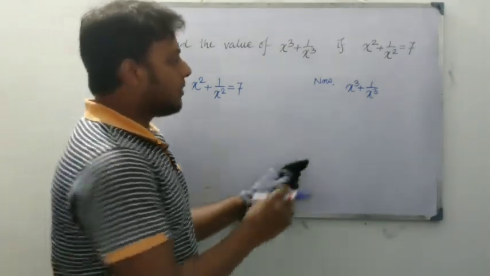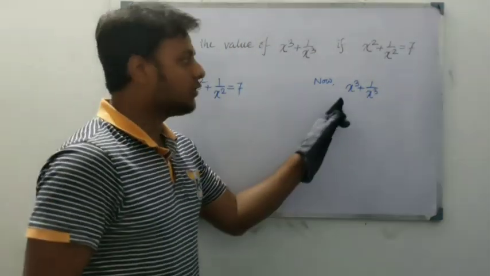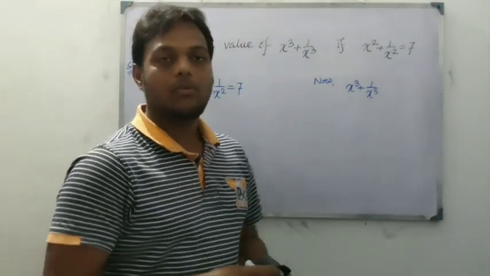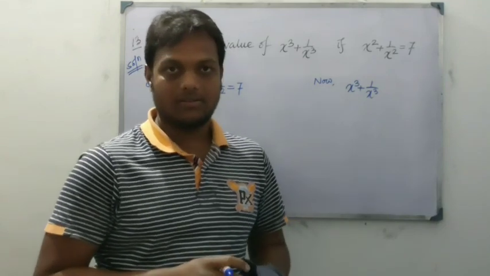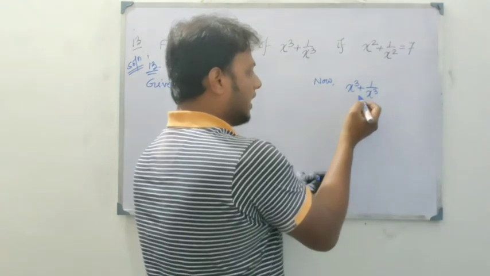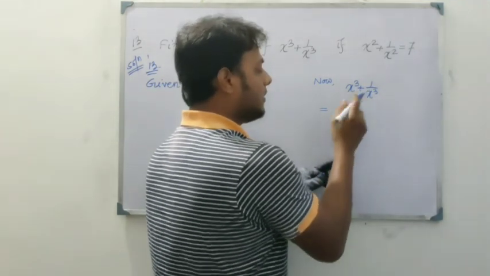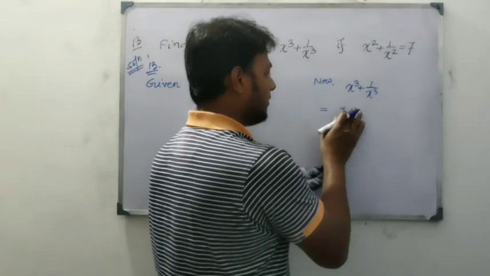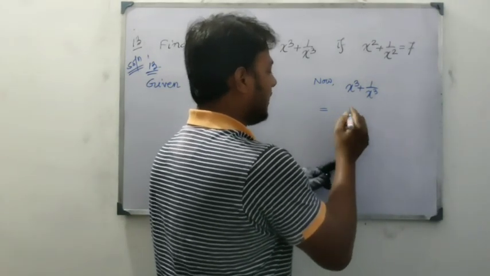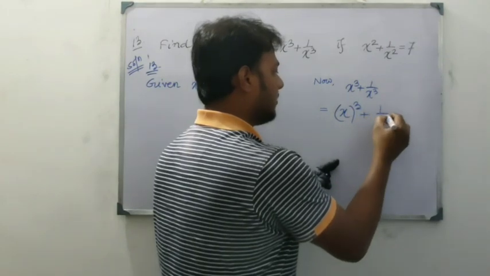So first we have to check what our requirement is to compute x cube plus 1 by x cube. What is the identity for a cube plus b cube? If we take x as a and 1 by x as b, then this is a cube plus b cube.